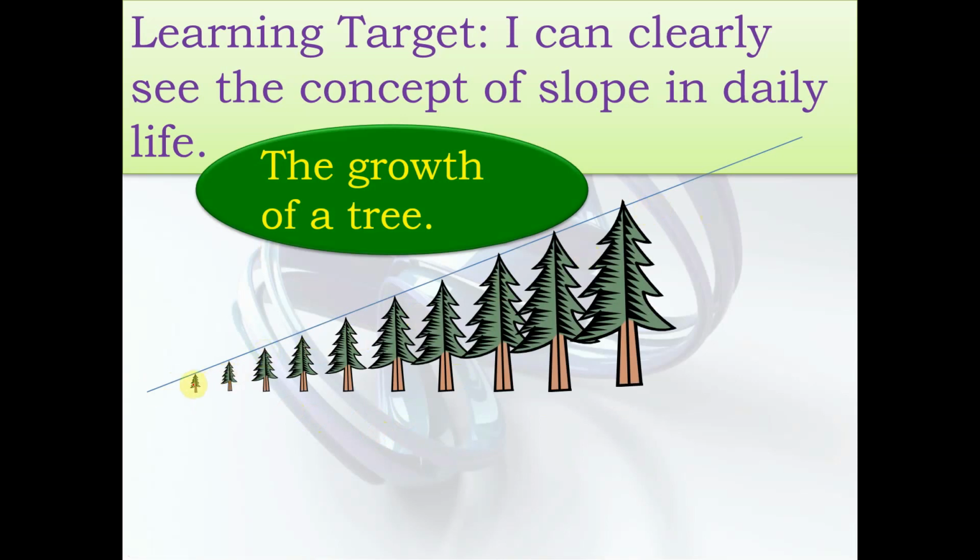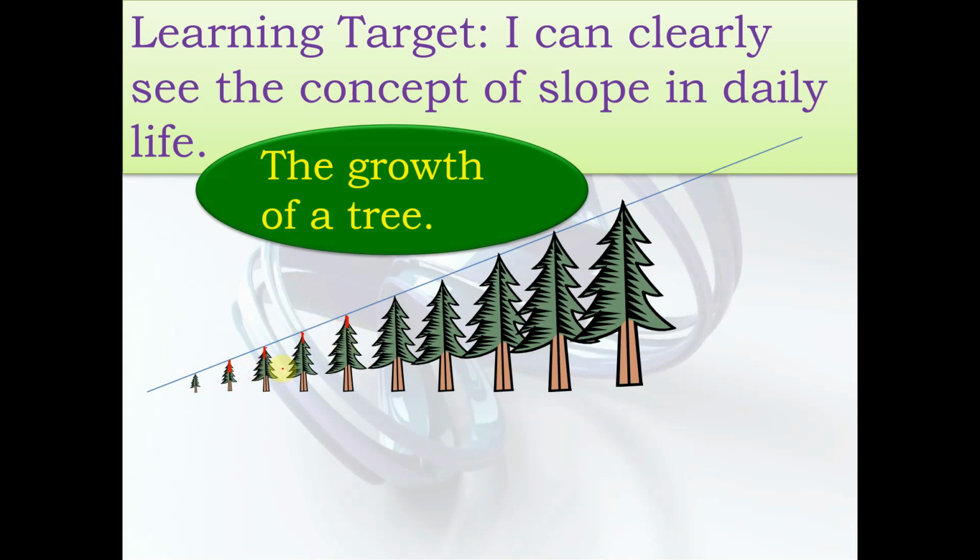And now the change of y means the change of the height of the tree. Now it increases this much, right? And the next year it increases this much, and this much.